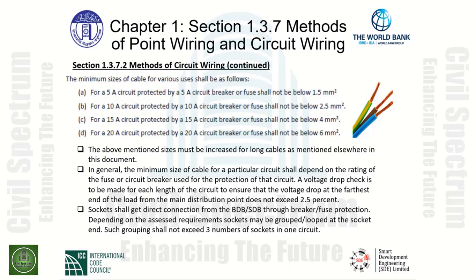This particular section gives us the ampere rating of the circuit, the ampere rating of the circuit breaker or fuse, and gives us the minimum sizes of cable for various uses as well. And also mentions the voltage drop to take into consideration due to the length of conductors when we install them in buildings.